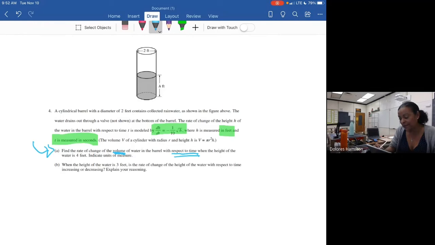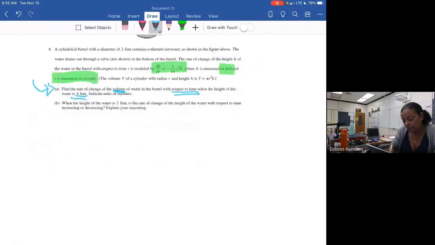People, that is asking us to find dV dt. Find dV dt when the height of the water is 4. So we want to find dV dt when we know the height is 4. Now, here's something that might prove to be pretty useful. That equation of volume equals pi r squared h.